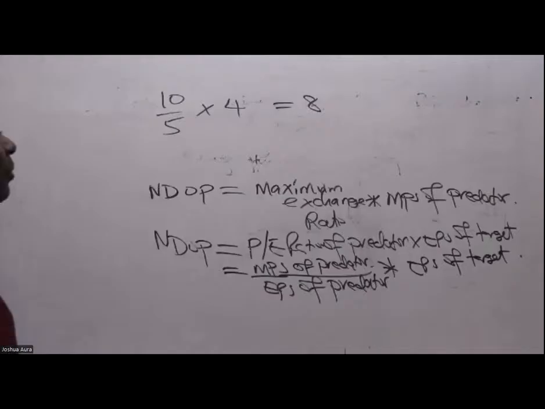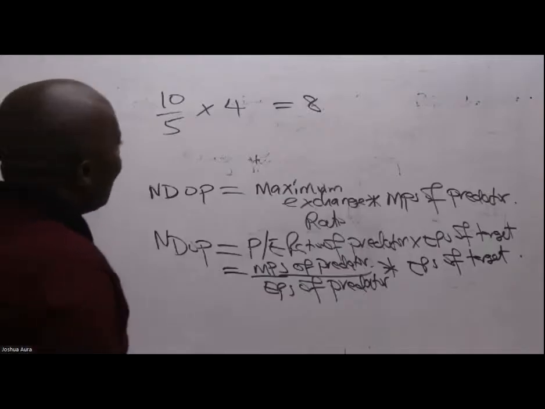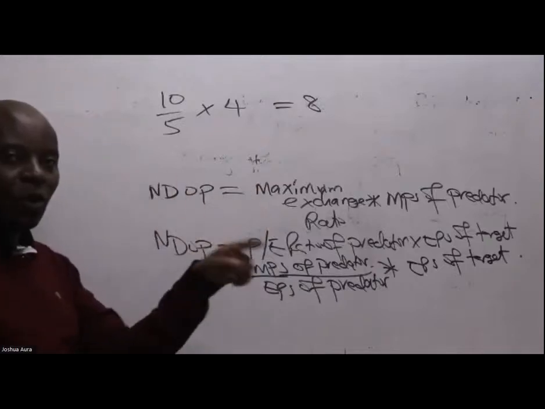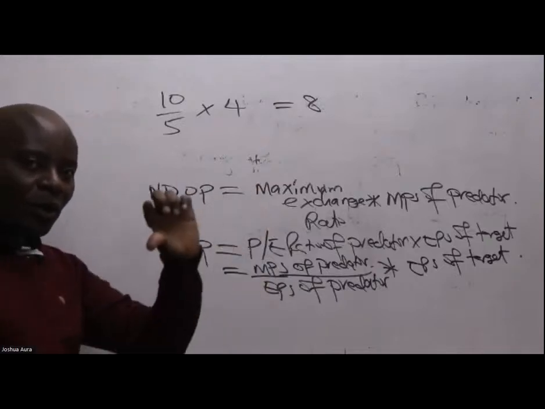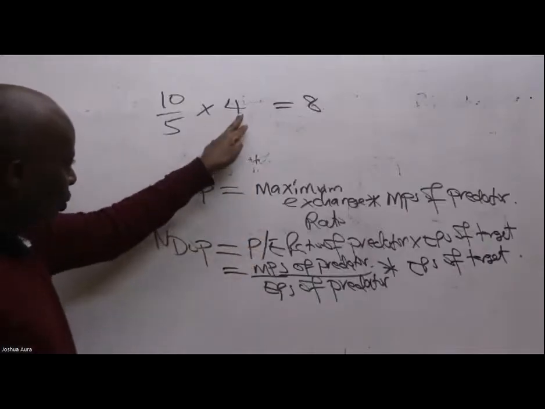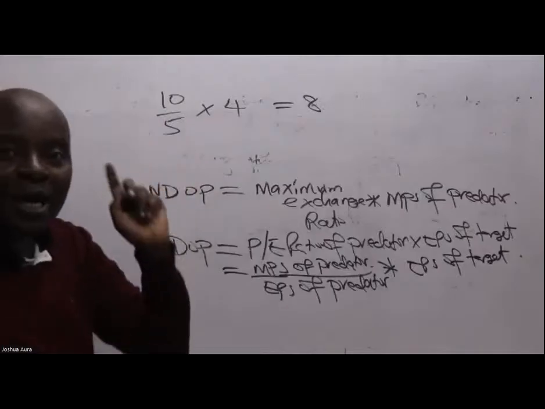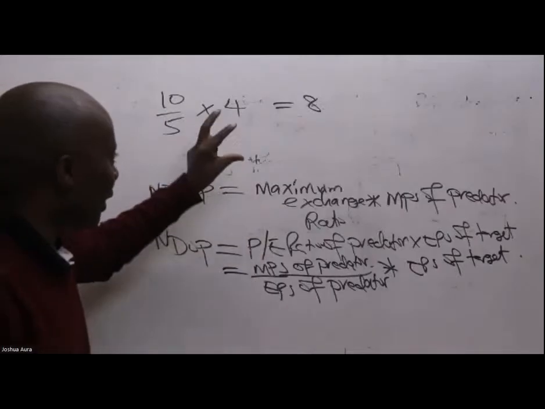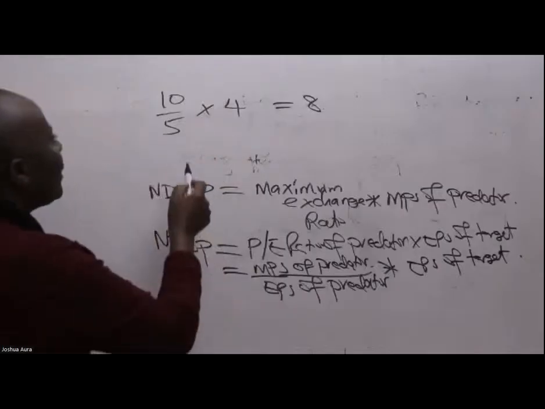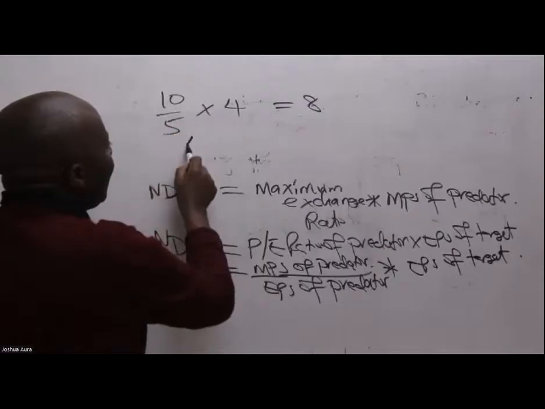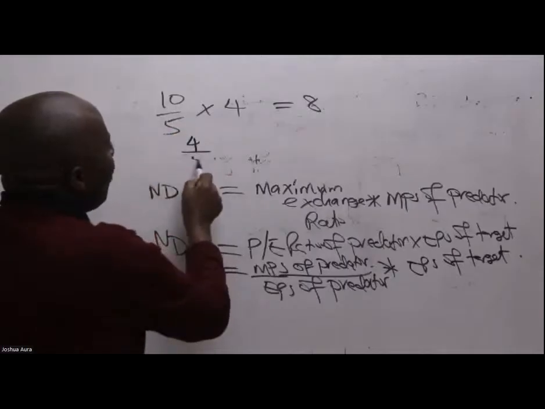And then, ladies and gentlemen, please listen to me very well. It's called commutative law, where you can easily switch numbers. Whenever there is a multiplication, you can switch this and this without breaking anybody's bone. So I can say 4 over 5 times 10.